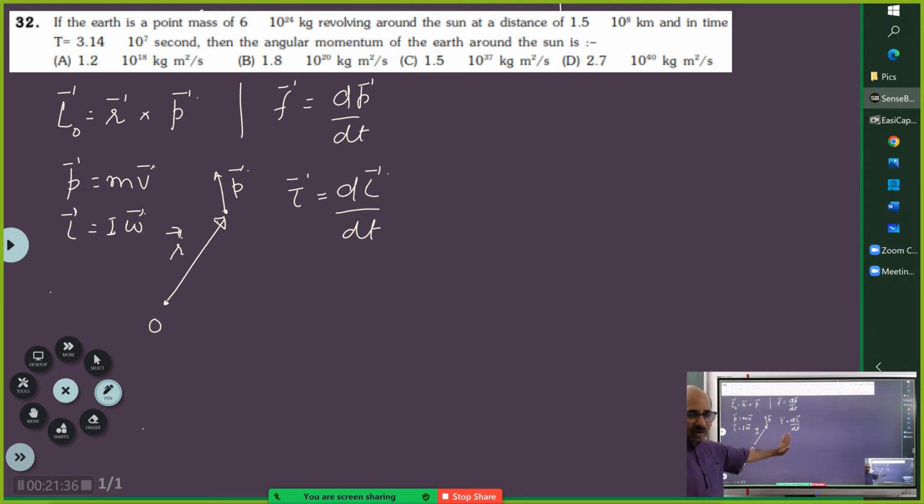There you have the law of conservation of linear momentum. What does it say? What is conservation of linear momentum of a system? Come on, anybody? Nobody wants to define. Try, I will correct you.